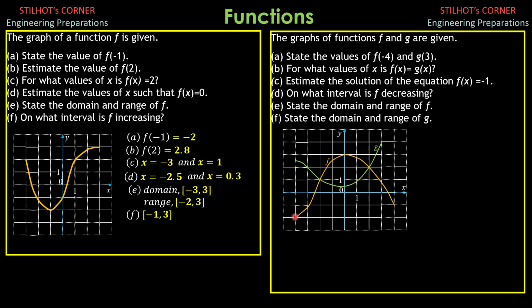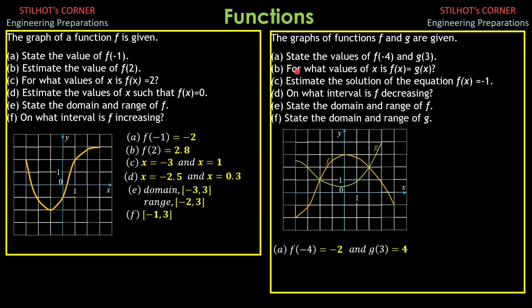So f of -4 is -2, while g of +3, counting 1, 2, 3, 4, is 4. So f of -4 is -2, while g of 3 is +4.